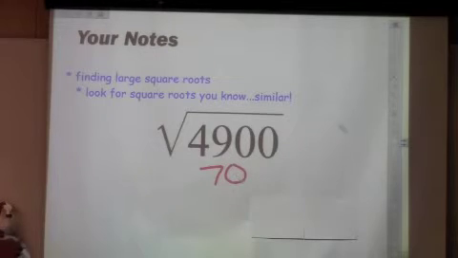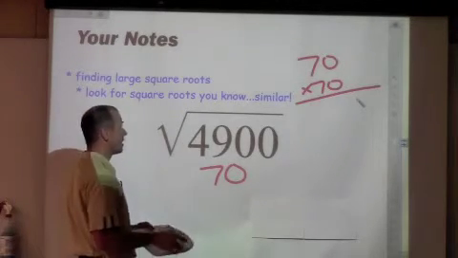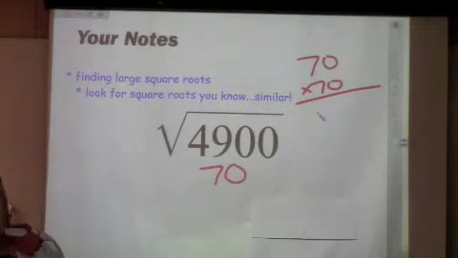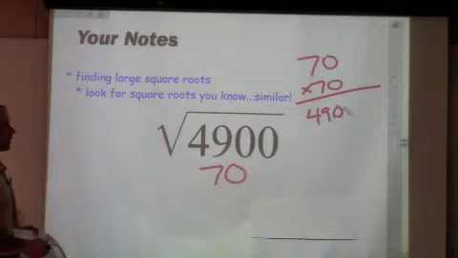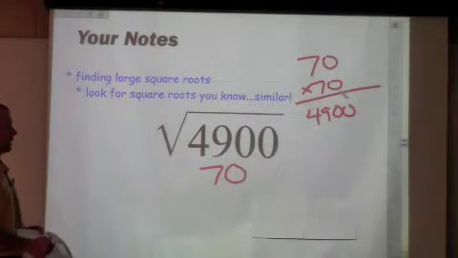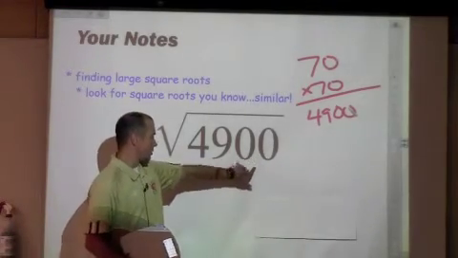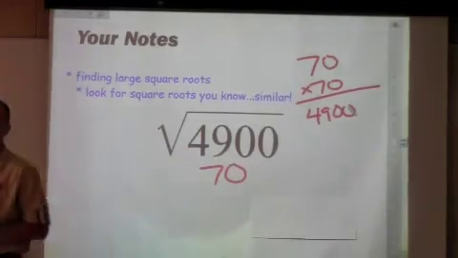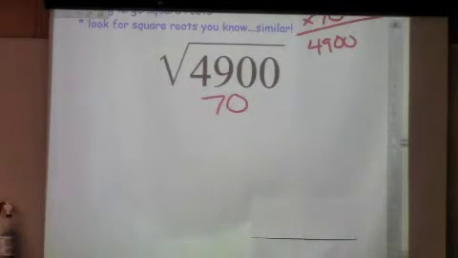Add a 0. Why? Because if you have 70 times 70, hopefully you guys learned a trick in earlier grades that, well, ignore the zeros, 7 times 7 is? 49. And how many zeros do you have? 2. So when you have 1 zero and you add another 0, you got the 2 zeros. So to get 2 zeros, all I need is 1 zero when I take the square root. Okay, just little tricks. You can really impress people with that one.